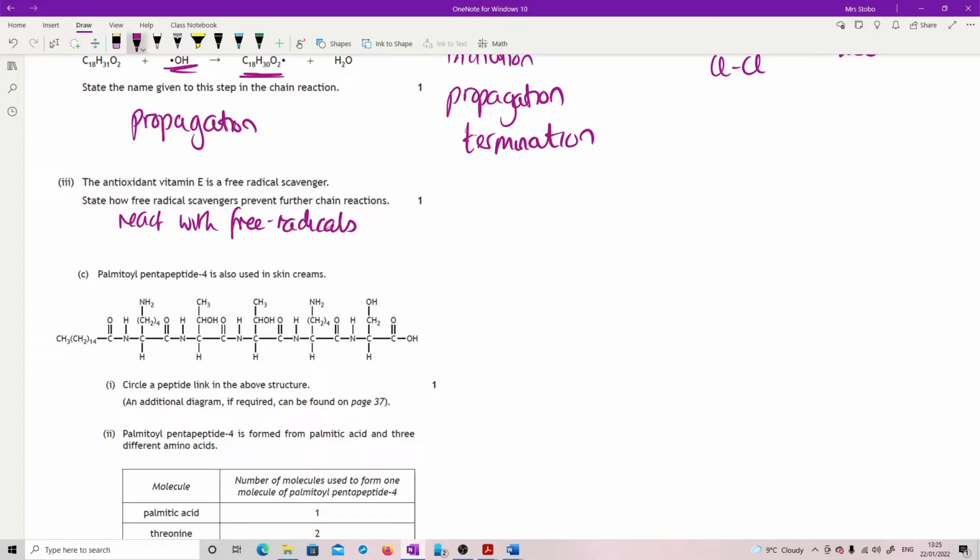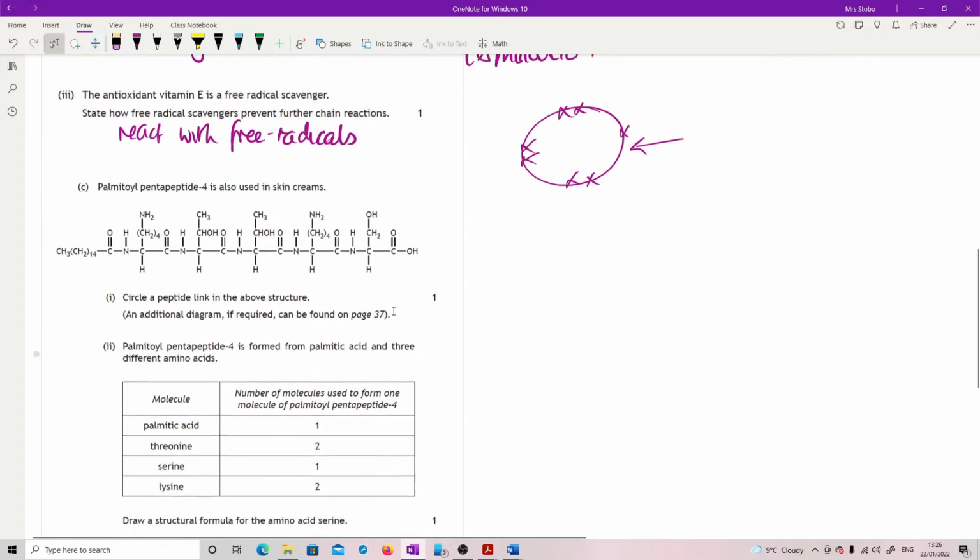What you could also say, because in the actual free radical, like the chlorine with its electrons, it's missing an electron here, is that anything which can donate electrons could remove free radicals. So anything which donates an electron could also be an answer for that.